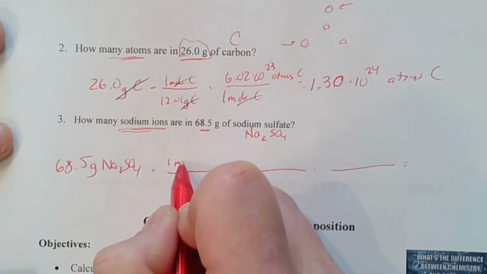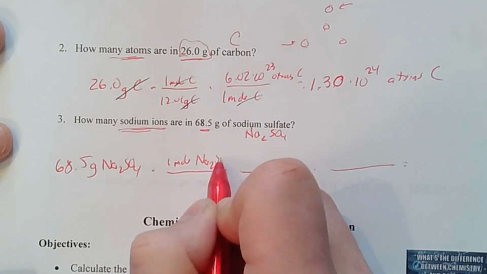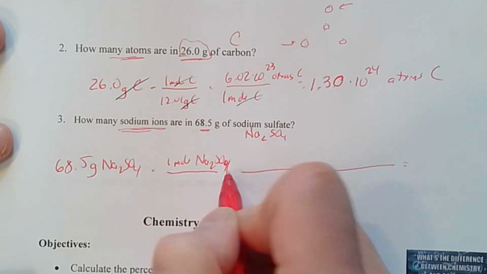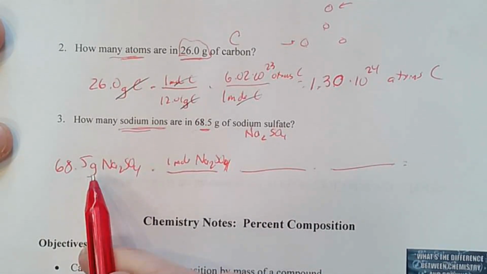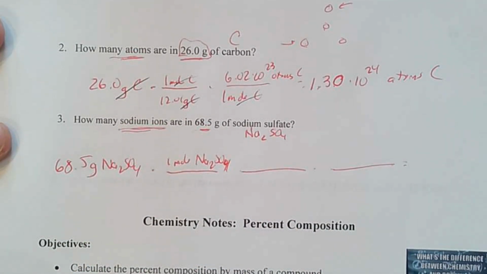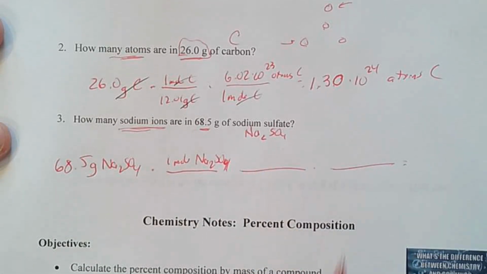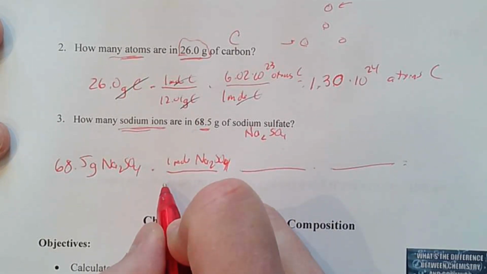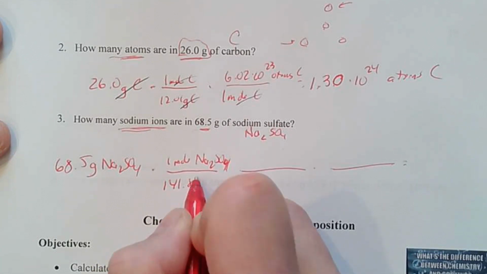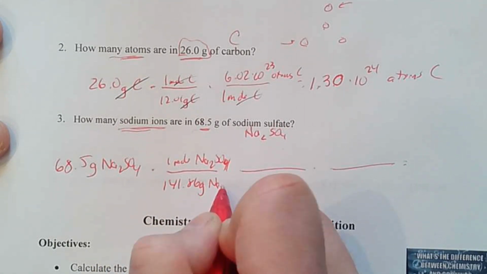So as you get more hang of this, if I'm doing molar mass, the 1 mole part always goes up here in this case, because you've got grams down here. Then I need to calculate the molar mass of this. So I've got 4 oxygens, so that's 4 times 16, put that in my calculator. Add a sulfur, which is 32.06, and add 2 sodiums, and that's 141.86 grams.